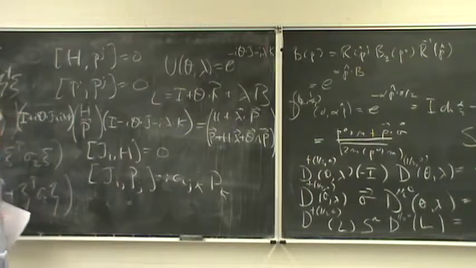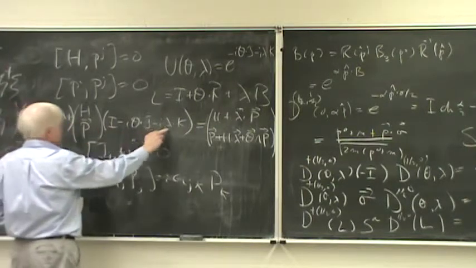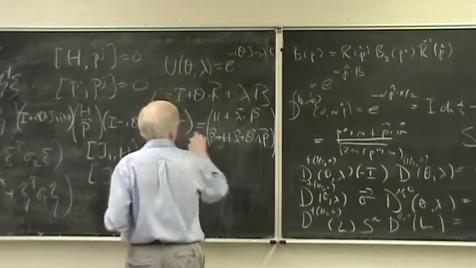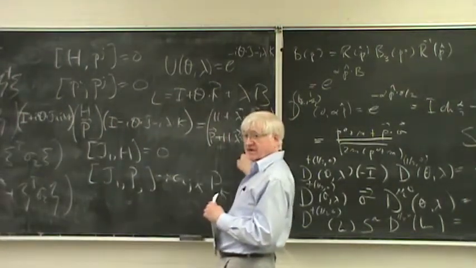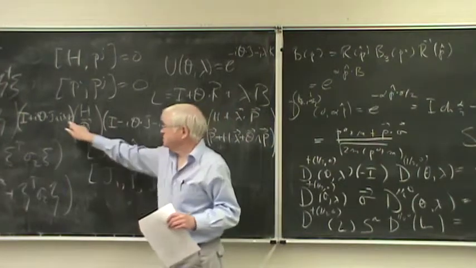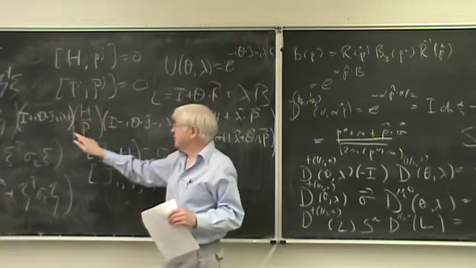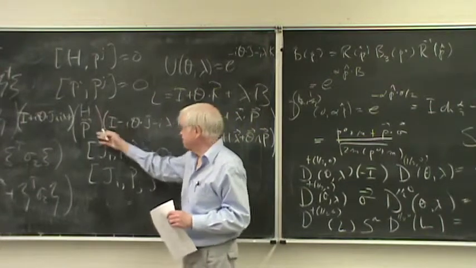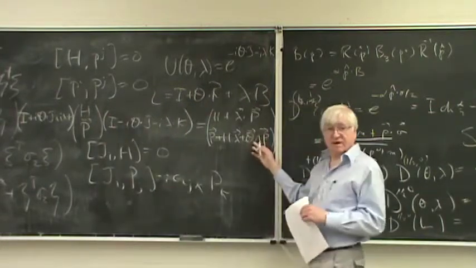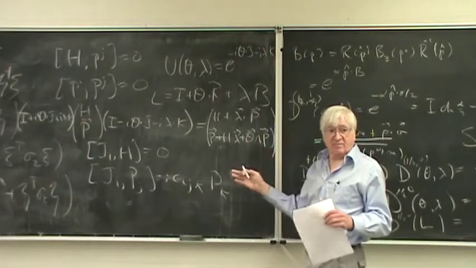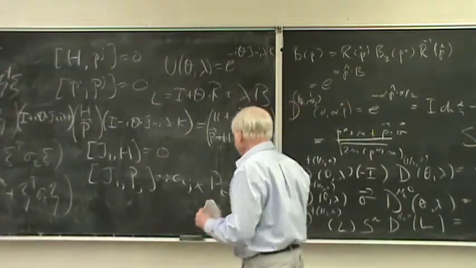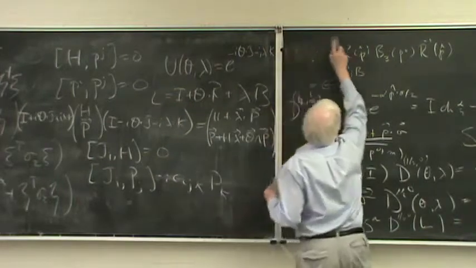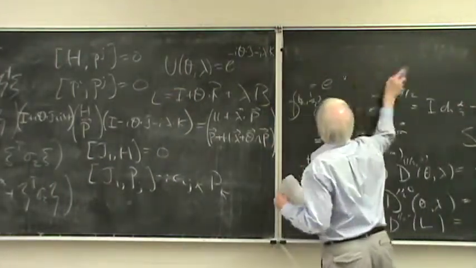And then, by considering the K's with these and looking for the coefficients of lambda over here, in other words, you set everything equal to 0 except for lambda, then you get the commutator of K with H and P, and you see what the lambda terms are here. You compare term by term, and let me show you what you get.